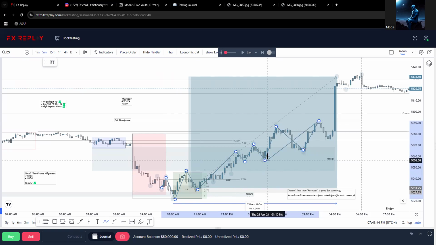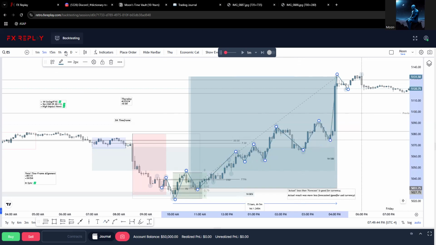Weak low or strong low because it created a higher high, strong or weak high because it could have created a lower low, strong low because it created a higher high, weak high because it could have created a lower low. You see the same thing happening over and over again, right?